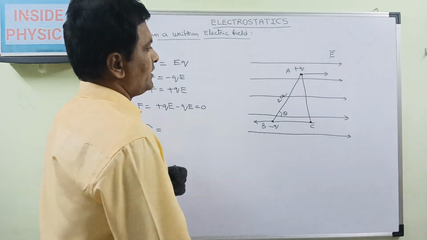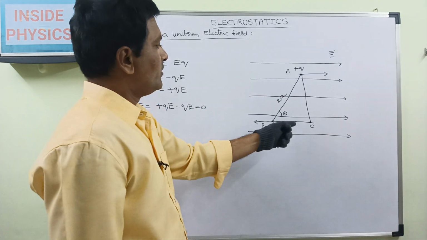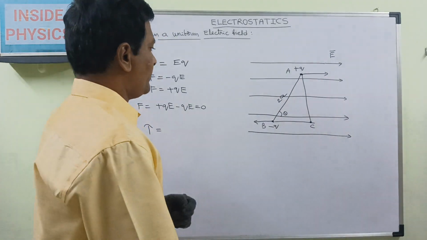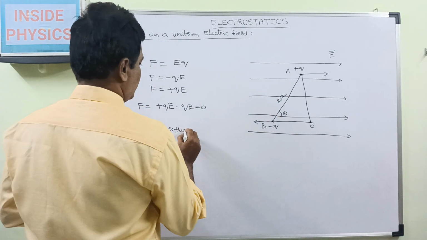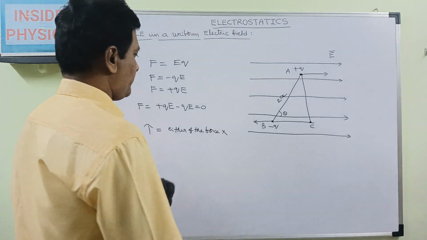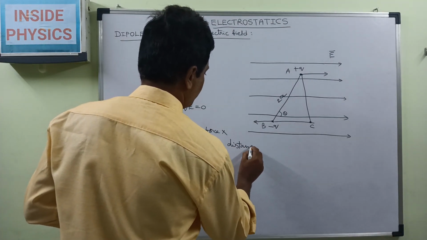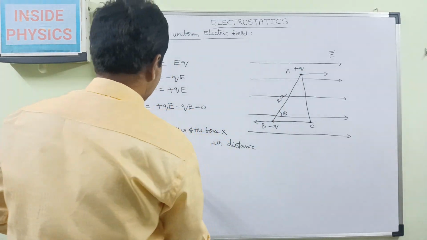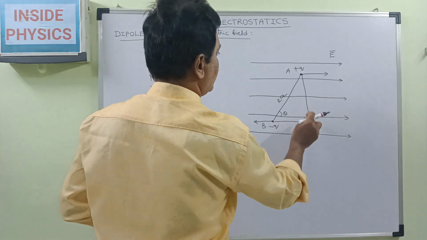If this is AC, the perpendicular distance between these two forces, then the couple is either of the forces into the perpendicular distance. We can take either this force or this force, that is equal to EQ into the perpendicular distance AC.